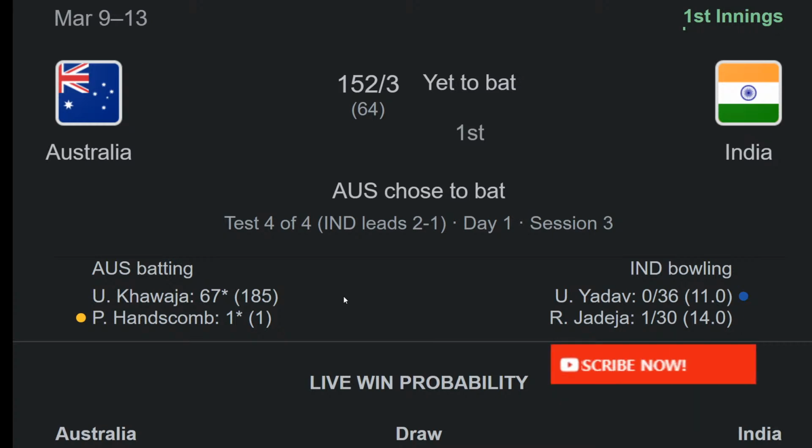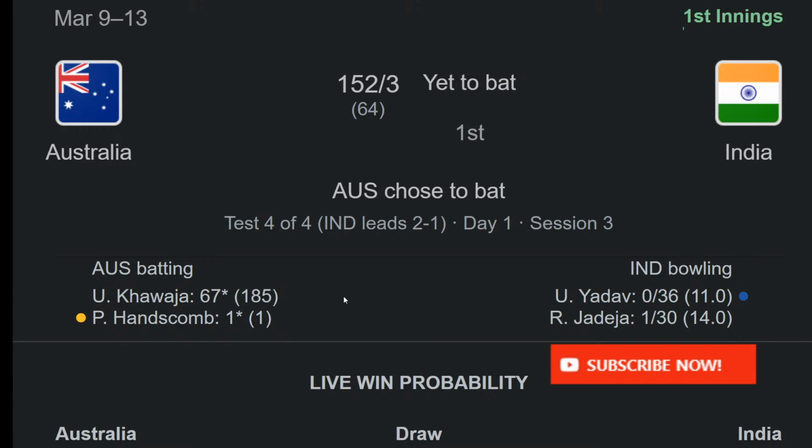Khaja 67. Handscomb 1. 2.1 overs in this session, 3 runs and 1 wicket down.